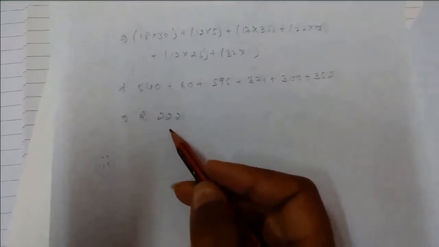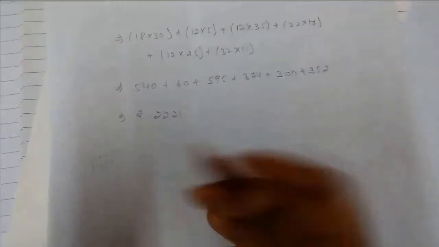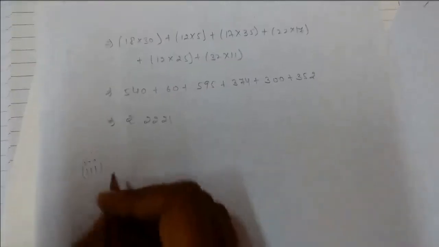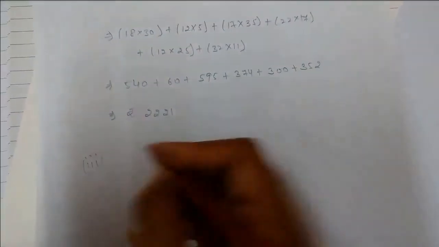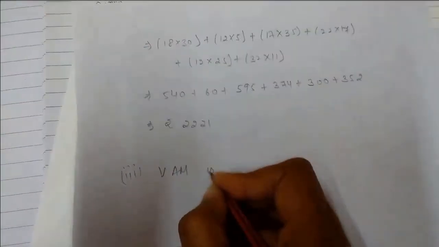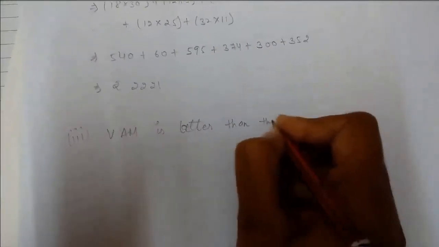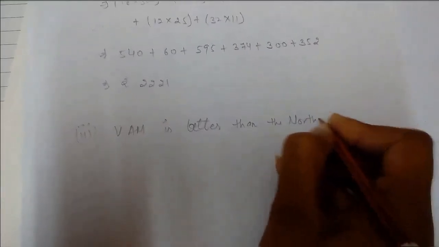As you can already see, we are getting less transportation cost by using Vogel's method. So what I think is that this method, VAM method, is better than the northwest corner method.